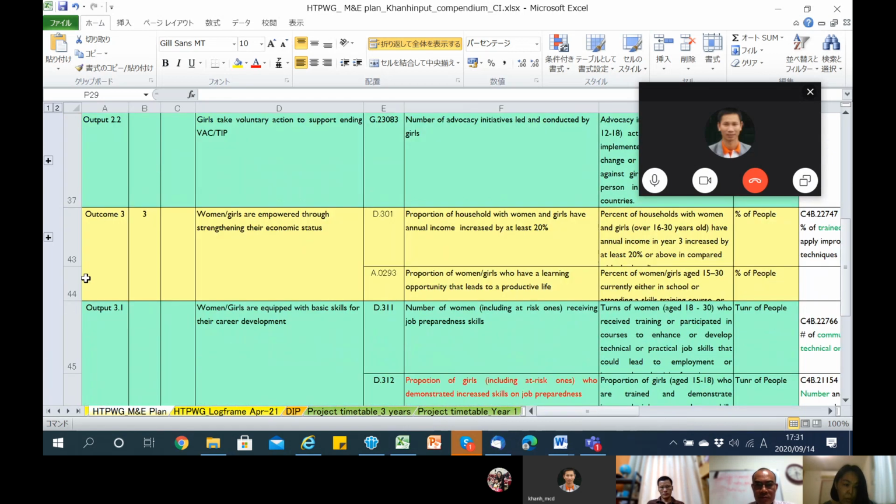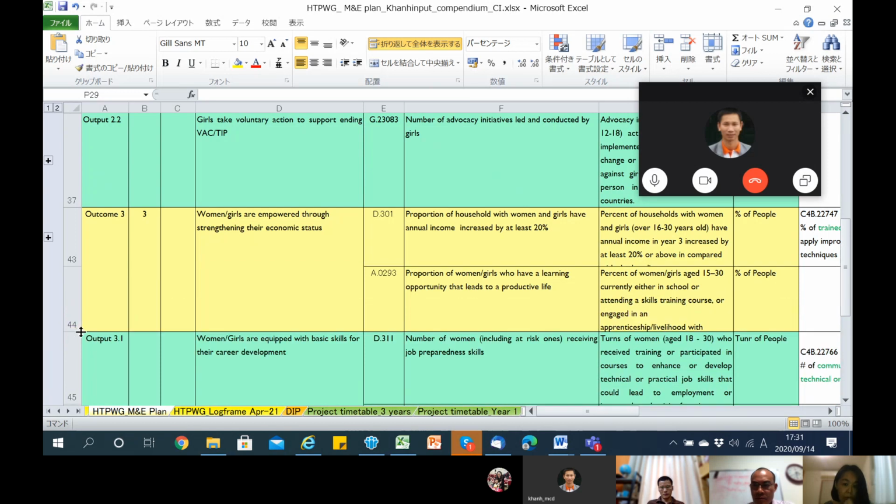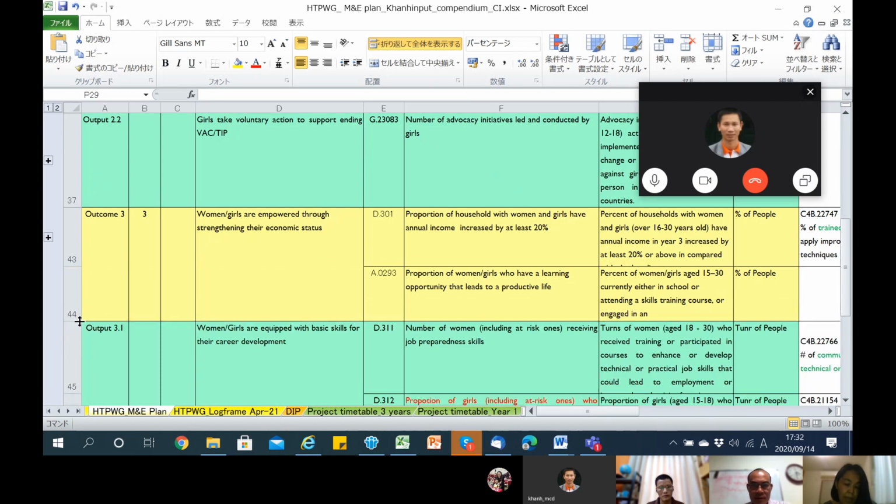Okay, so next would be the outcome 3 indicator. Outcome 3 is mainly livelihood and economic development outcomes for women and girls. The statement is: women and girls are empowered through strengthening their economic status.